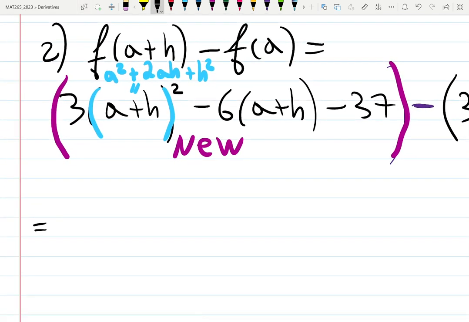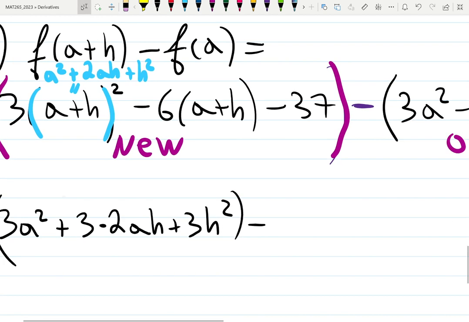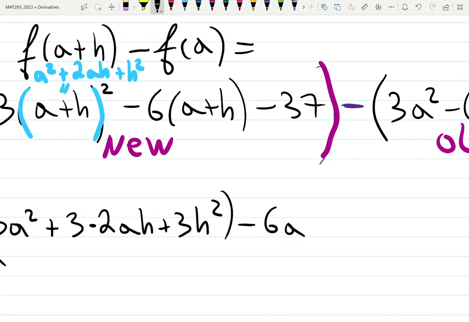And now I'm going to distribute 3 everywhere, so I don't have to rewrite everything all the time. I speed up. 3a squared plus 3 times 2ah plus 3h squared. That was the first term. Maybe you put it in parentheses. Minus, distribute 6. 6a minus 6h.